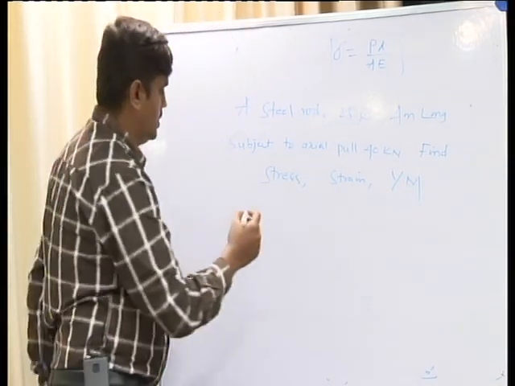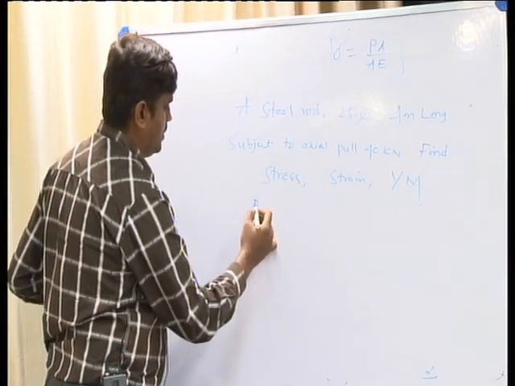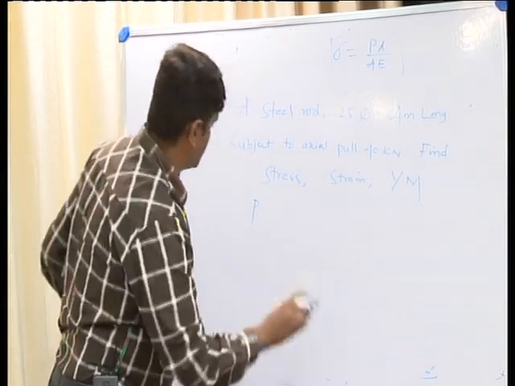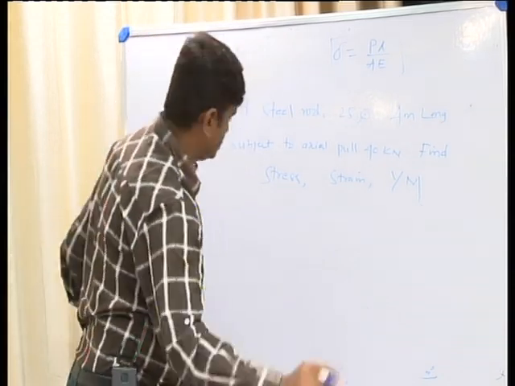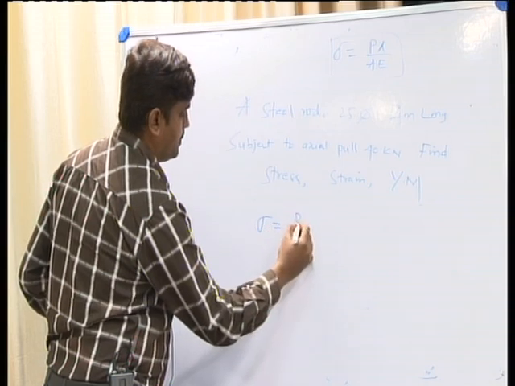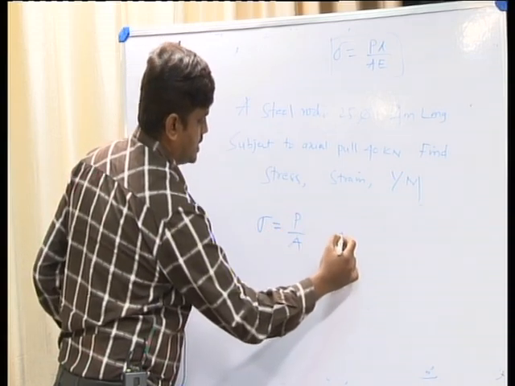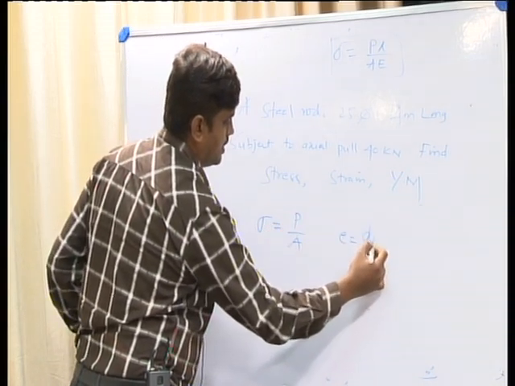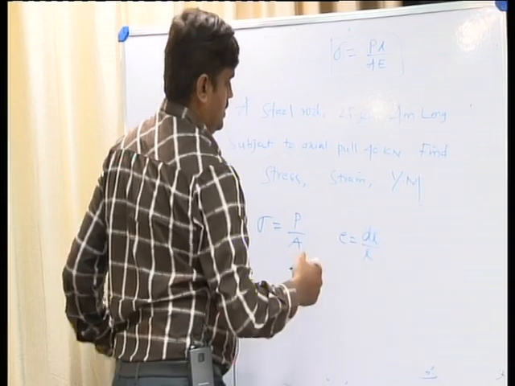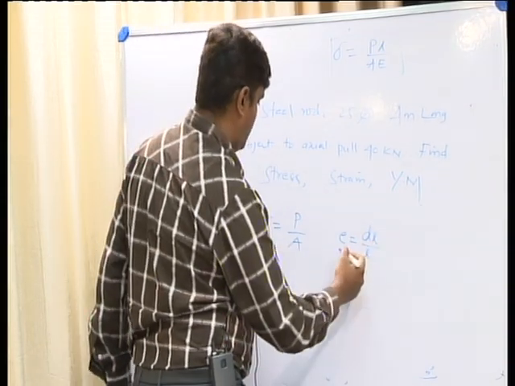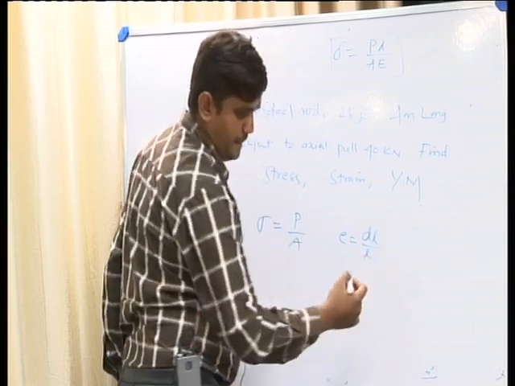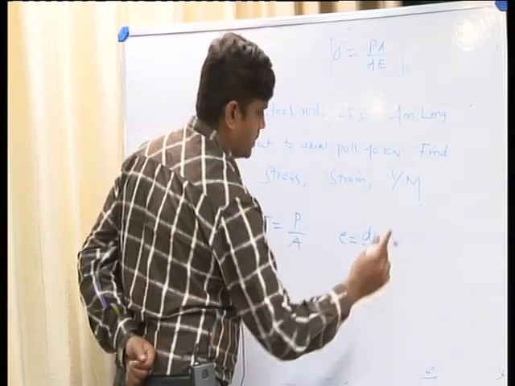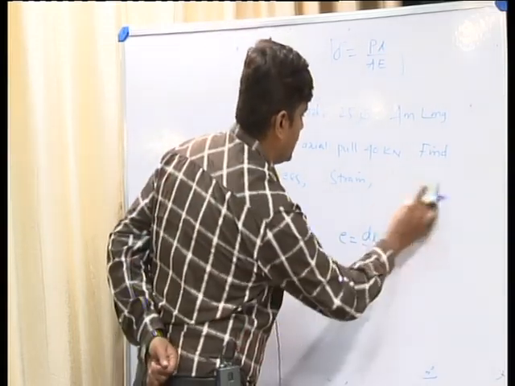So we know that stress sigma is equal to P by A, strain e is equal to delta L by L, and Young's modulus. Young's modulus is given, we have to find the elongation.